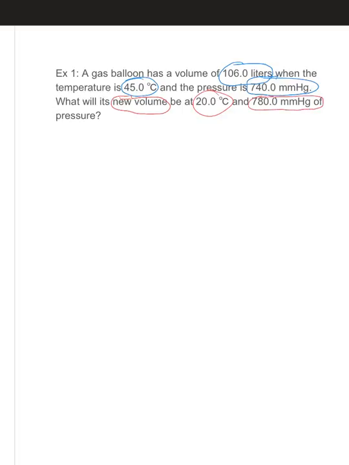And then I'm going to go ahead and label those variables on the left side of the page, just like we've been doing. So I have a V1 of 106.0 liters. I have a T1 of 45.0 degrees Celsius, and I'm going to go ahead and add 273 to that and convert it to Kelvin right away because I need to do that before plugging it into the formula.